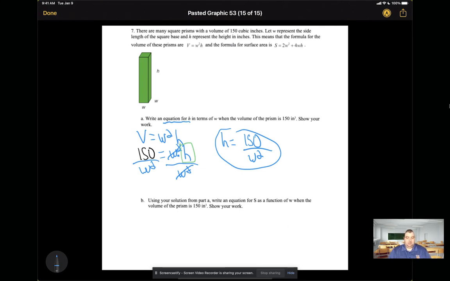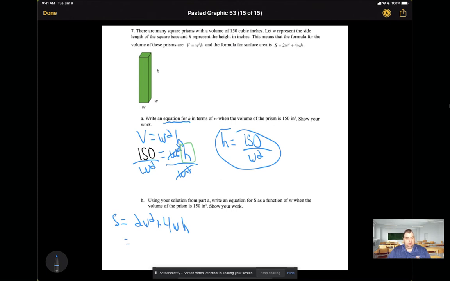Part B, using your solution from part A, write an equation for S as a function of W when the volume of the prism is 150 cubic inches. So we have S equals 2W squared plus 4WH.